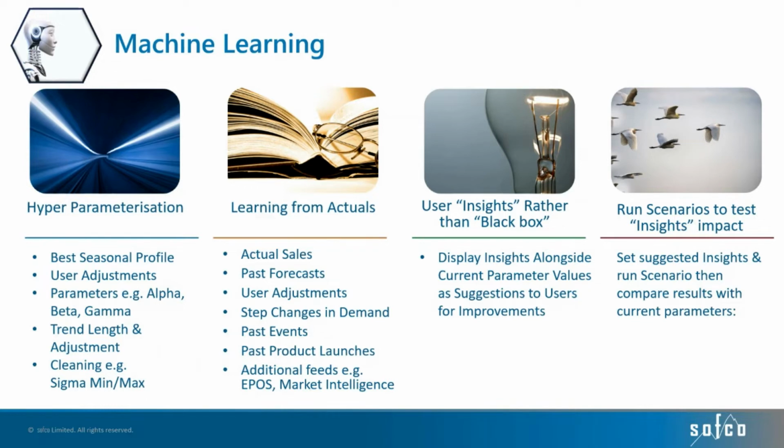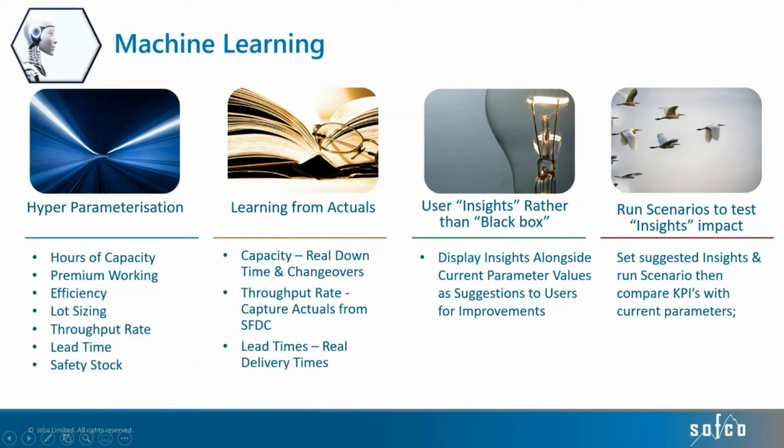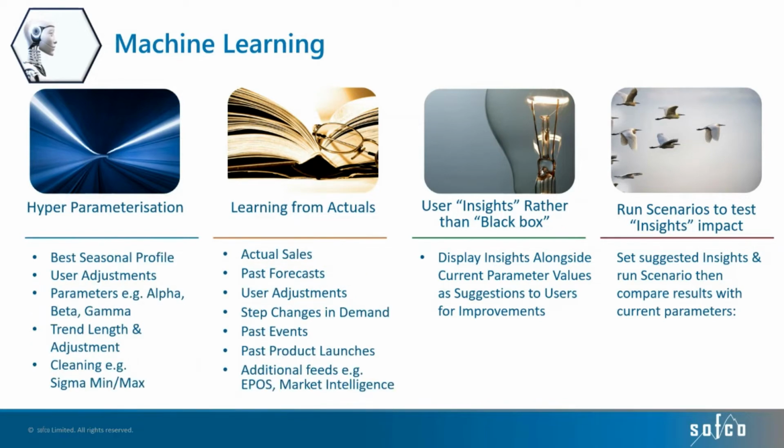So there are a whole range of different parameters in the Sofco system, and you can see some examples here from a forecasting perspective at the bottom left. And if I just click on, from a supply planning perspective, these parameters can be examined and the system can look at those parameters and the settings at the time and then compare those with actuals.